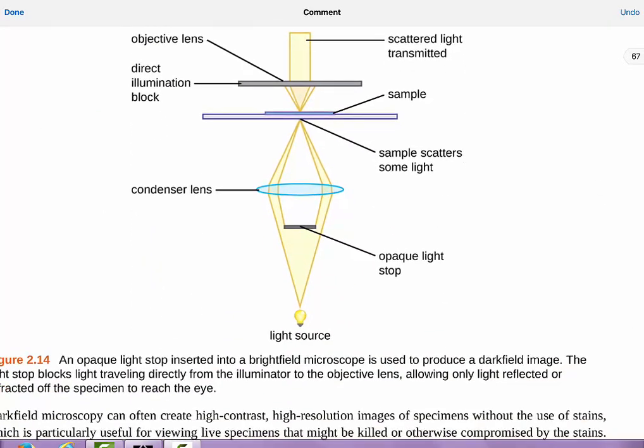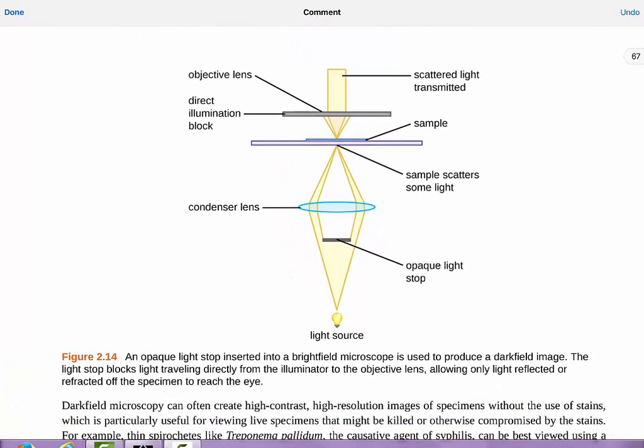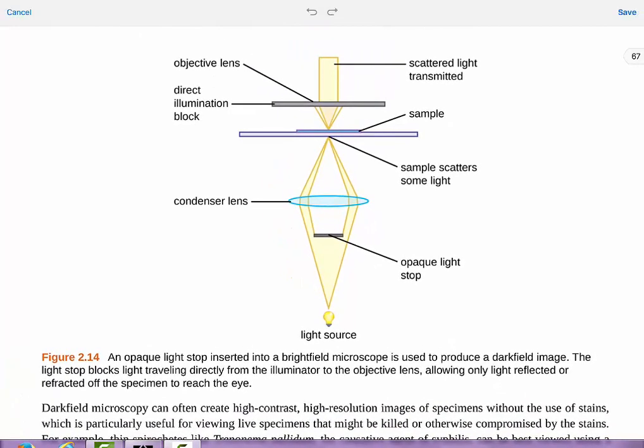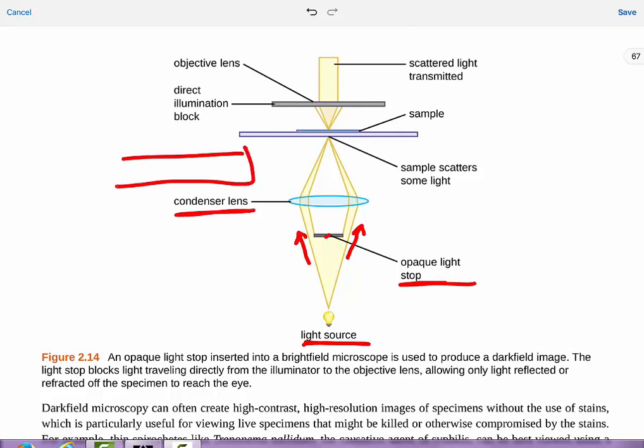So let's take a look at that in diagram form. Here we have our light source, the illuminator. This is our opaque light stop right here. You can see some light is going around the edges, and then our condenser lens, which would be under the stage, would be here, with the hole going through it. Our condenser lens is going to bend this light and get it to the middle right here where the sample is.